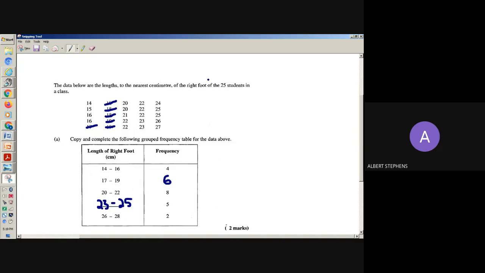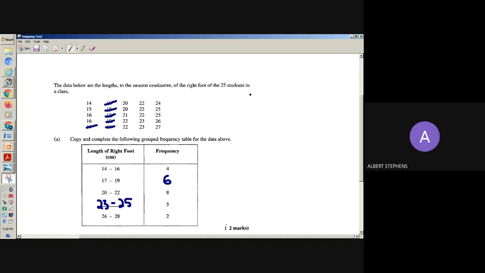All right, so what is this question about? Measuring the length of the right foot of 25 students in a class. Very interesting. Question: what is a modal class? 20 to 22.